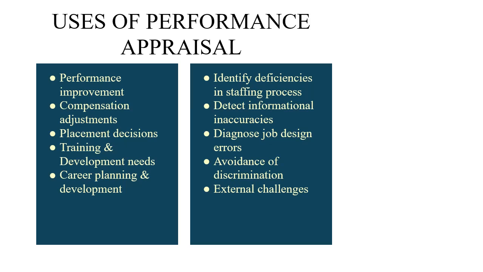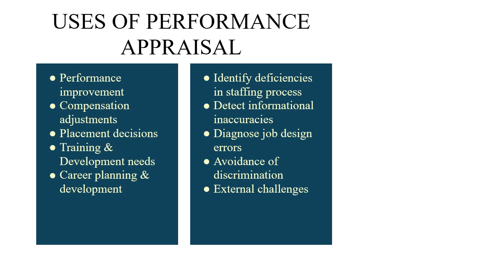Uses of performance appraisal. First, the data of performance appraisal is used for performance improvement of the employees. You identify the weak areas of the employees and identify what they should improve on. Then compensation adjustment, like increments or decrements, decisions can be taken based on the performance appraisal.